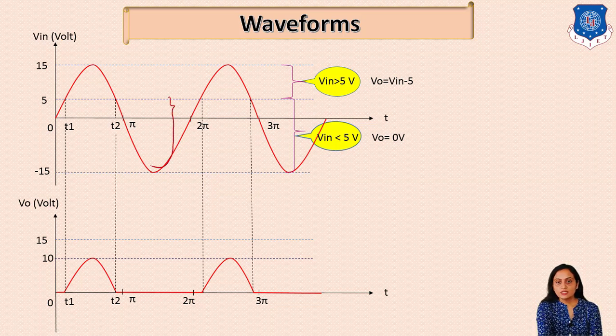So during this, Vin is less than 5 volt and the output voltage is 0, and during this, when Vin is greater than 5 volt, the output voltage is Vin minus 5. So from 0 to T1 we have output 0 because we have this particular range, and from T1 to T2 we have the range Vin greater than 5 volt. So we will see this particular portion of the input signal at the output, and what the values will be.